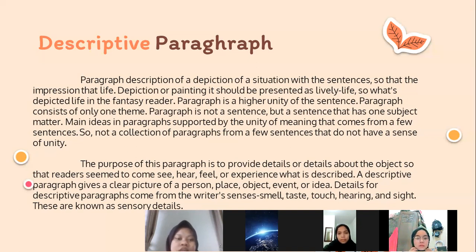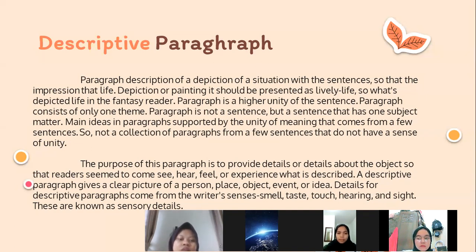Main ideas in a paragraph are supported by the unity of meaning that comes from a few sentences, so it is not a collection of sentences that do not have a sense of unity.